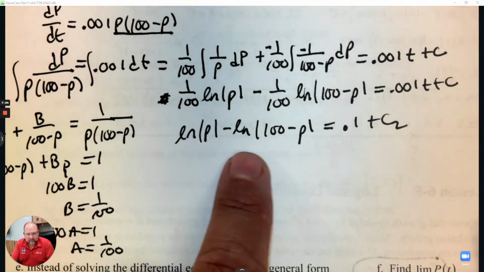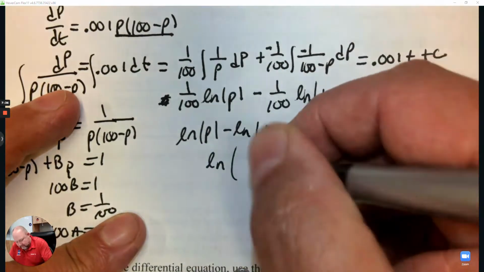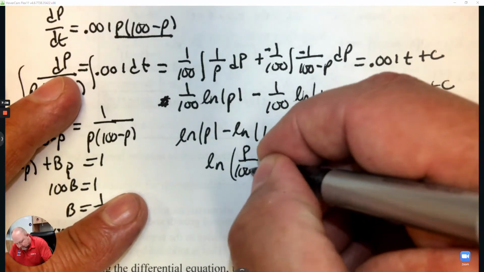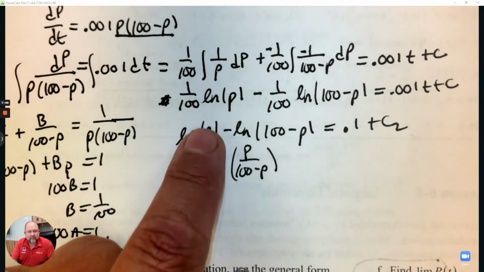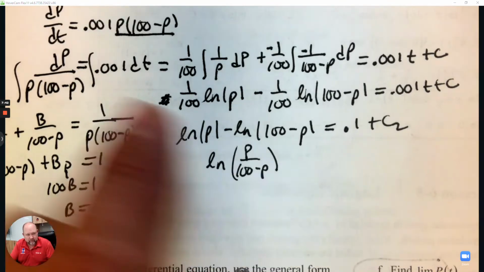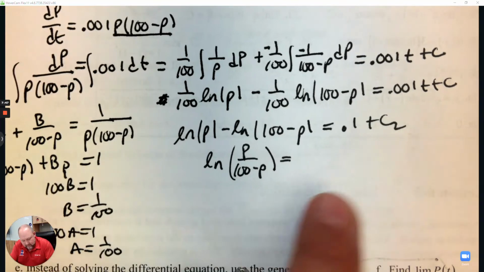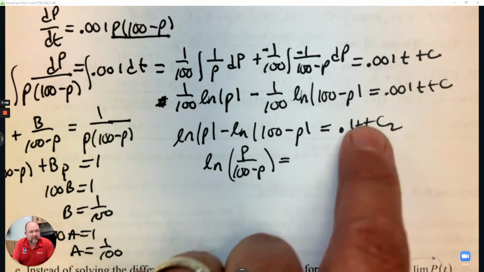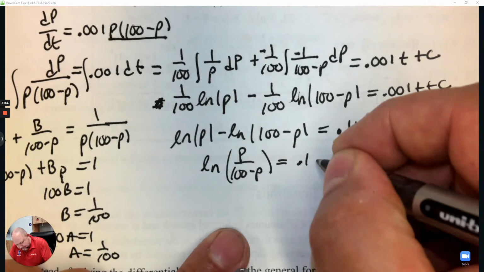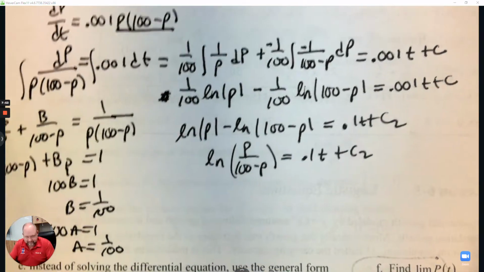Now I'm going to use properties of logarithms. So when you're subtracting, it means you're dividing. So I have P divided by that is equal to... Oh, what happened? There's a T there that I forgot. So multiply it to 0.1 T plus the constant.